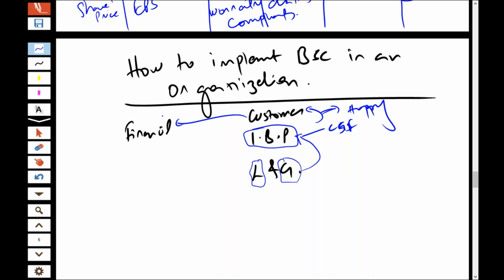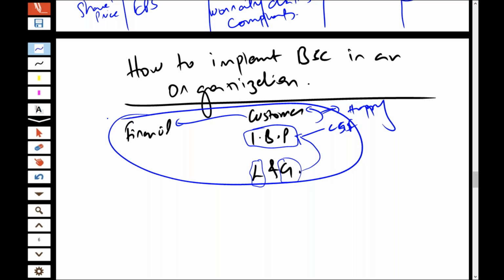So ultimately, it's an interrelationship between all of these four aspects. And the ultimate thing that we are trying to achieve is the vision of the organization through the various CSF, through the various missions, and so on and so forth.